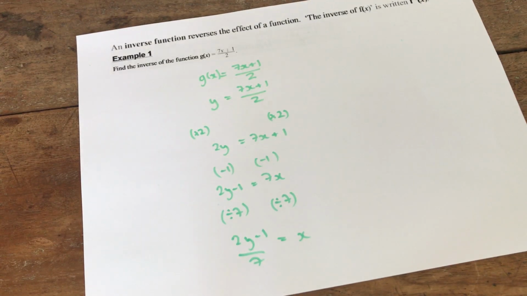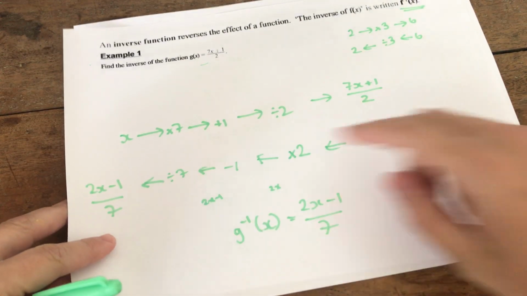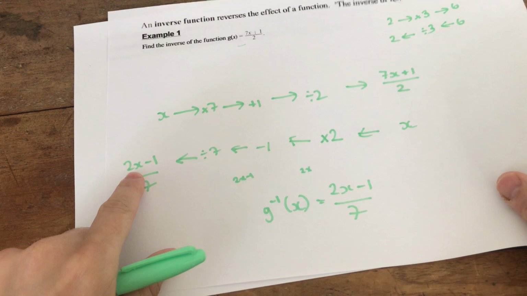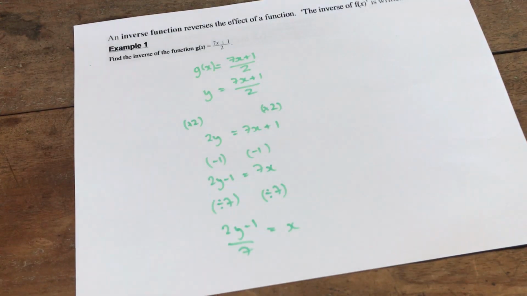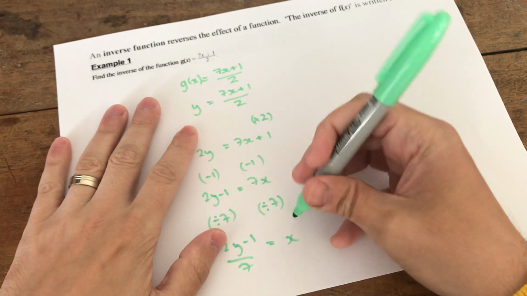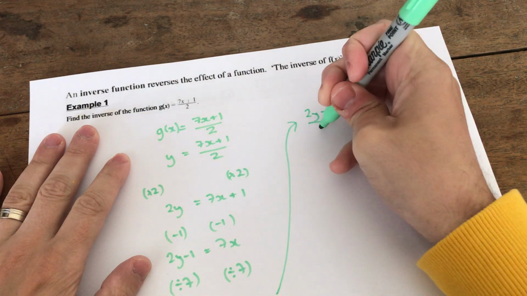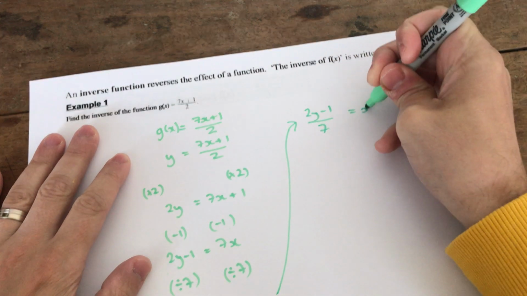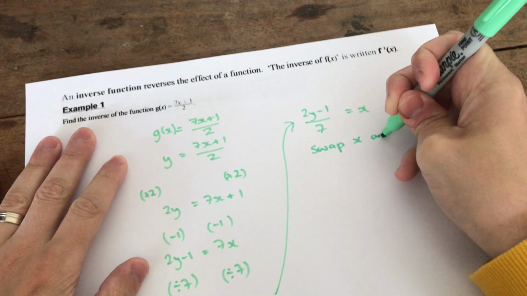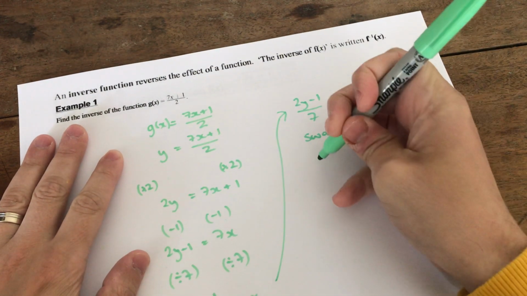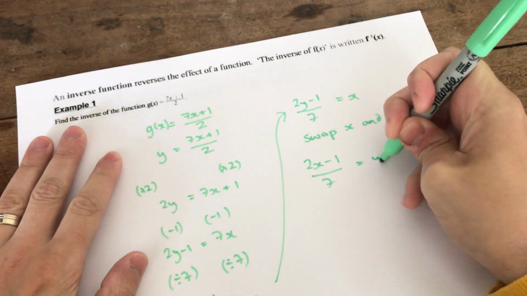If you think back to what we've just done with our flow diagram, you'll notice that the inverse operations are done in the same order, and we've got a similar thing here. All we've got here is y instead of x. So we take this, 2y minus 1 all over 7 equals x, and we swap x and y, and we get 2x minus 1 all over 7 equals y.